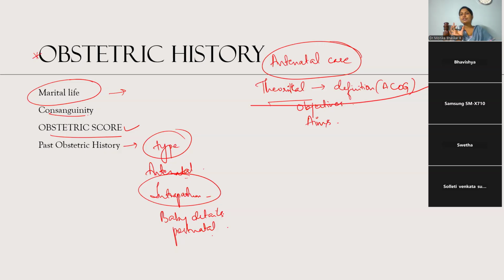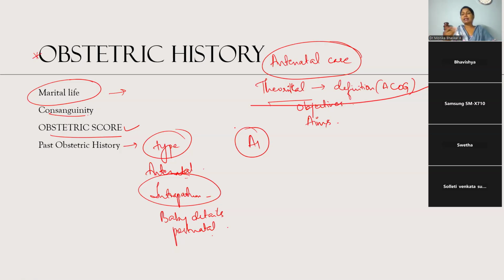I'm not telling you to write trimesters. For past obstetric history, you need not write first trimester, second trimester, third trimester. At least write the important details of her past obstetric history. For example, if it was an abortion, write whether it was a spontaneous abortion, or an MTP done because of neural tube defects or congenital heart diseases or any other problems, or whether an MTP was done for a social cause.